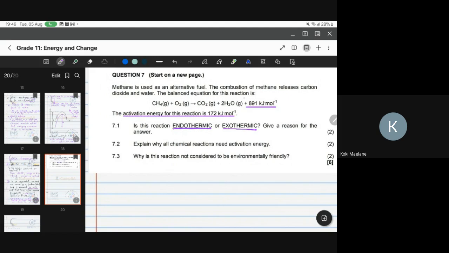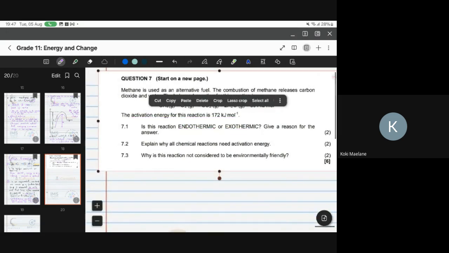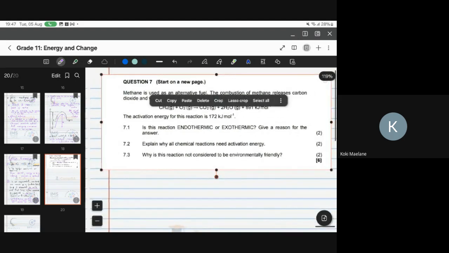One thing you will note is there's a plus 891 kilojoules per mole that is added on the product side. So is this reaction exothermic or endothermic?